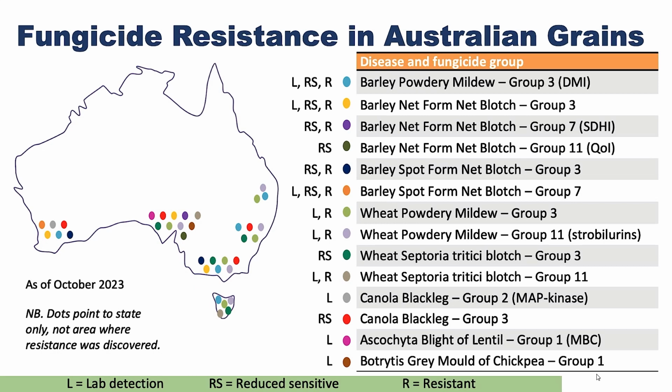You can see along the bottom here we've got 3 different categories, and this one here is a lab detection. We then have reduced sensitivity and full resistance, and these are indicated alongside the dots here. So this map's updated and available on the AHRI website, so check in and have a look to see if there's been any recent changes if you're interested.